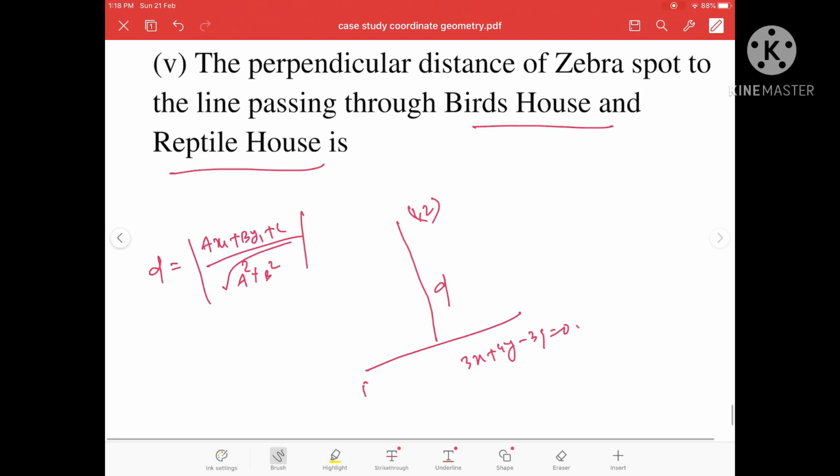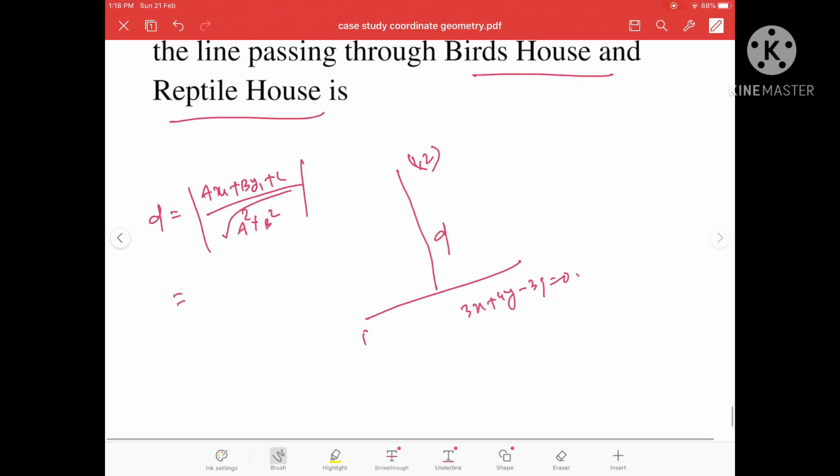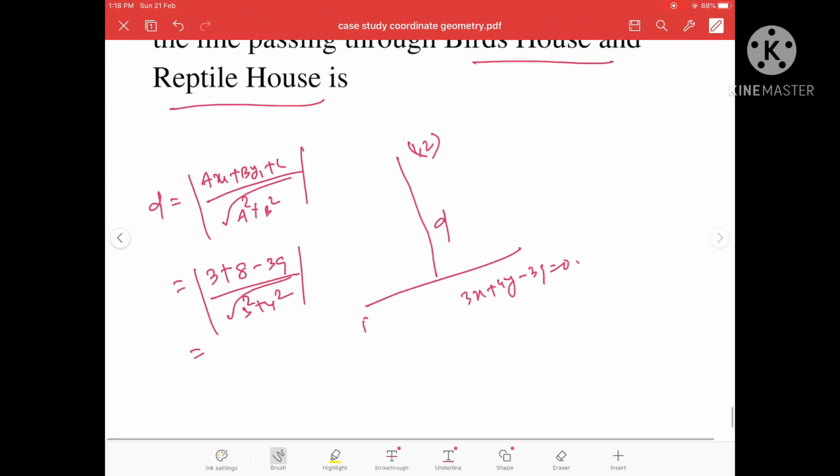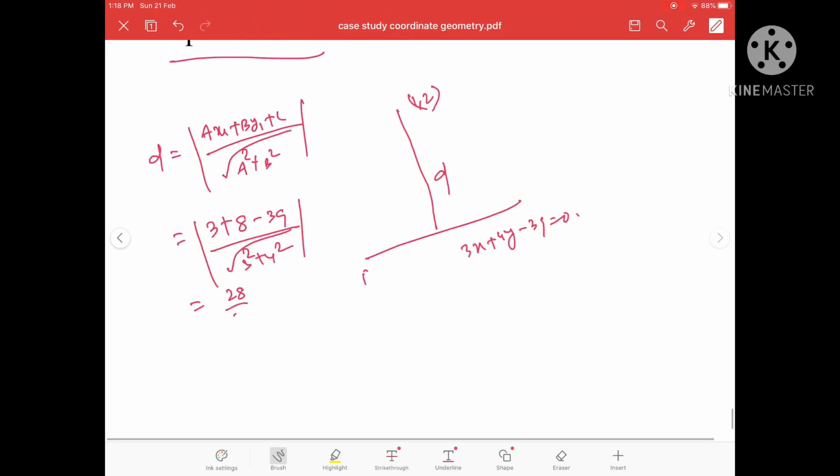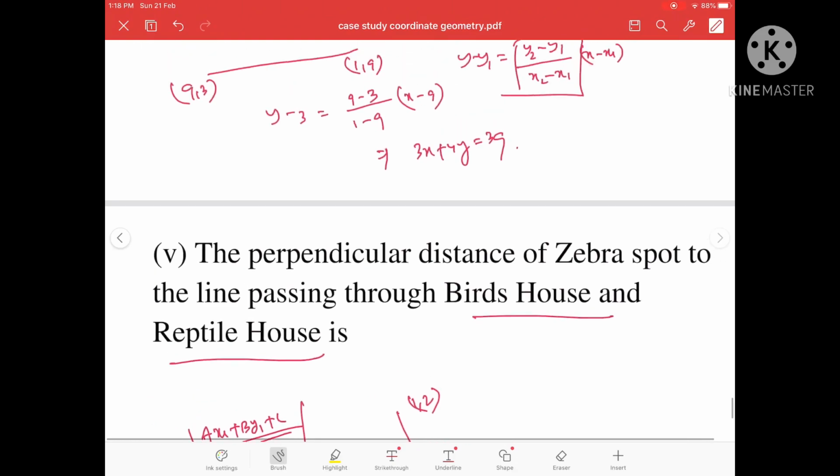Now apply this formula. You will get modulus of 3 plus 8 minus 39 divided by square root of 3 square plus 4 square, which will be 28 by 5 or approximately 5.6 unit. Hope you understood the question. Thank you.